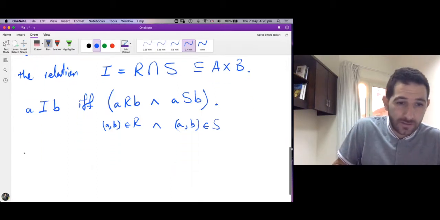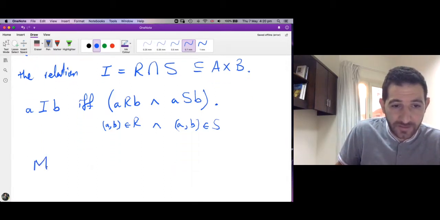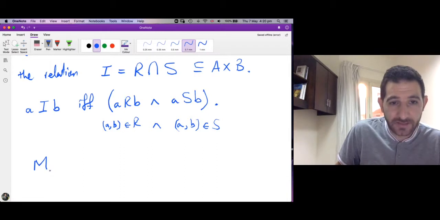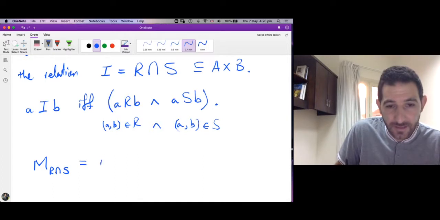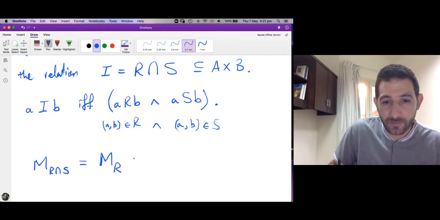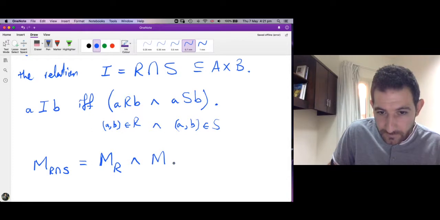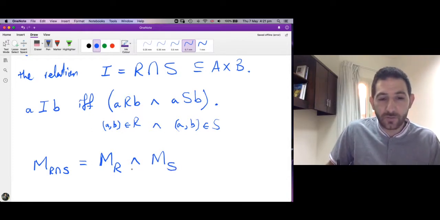Now, in terms of Boolean matrices, the matrix representing the relation R intersection S is obtained by taking the meet of the matrix MR and the matrix MS. Because what does it mean?